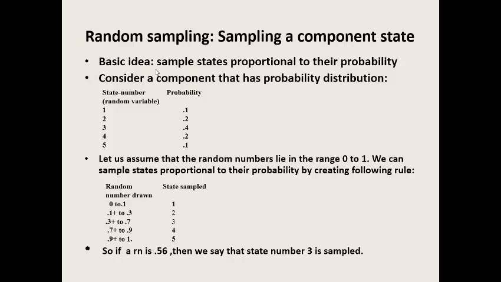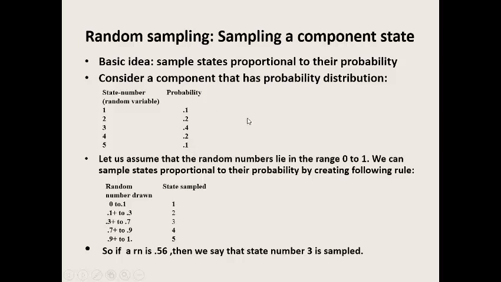So the states which have higher probability should be sampled proportionately higher number of times, and the states which have lower probability should be sampled fewer number of times. Let us take the example of a component which has 5 states, and these are the probabilities of those 5 states.